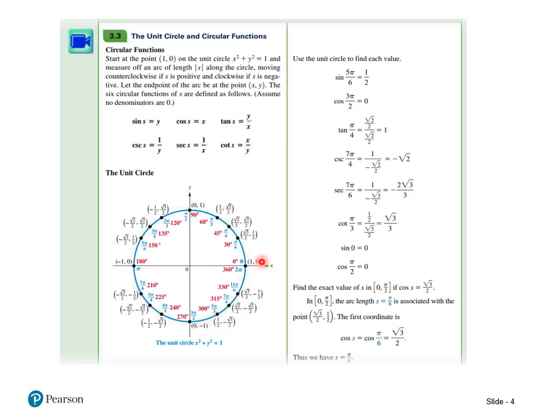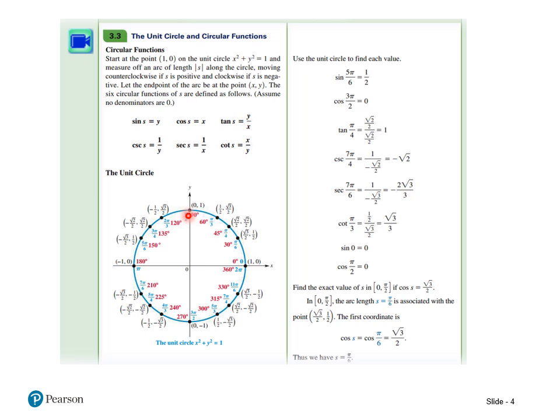Now what this means is, because sine is equal to the y value and cosine is equal to the x value because r is equal to 1, this is on the unit circle, then we can see that the cosine of 0 is 1, the sine of 0 is 0. The cosine of 90 is 0, the sine of 90 is 1.